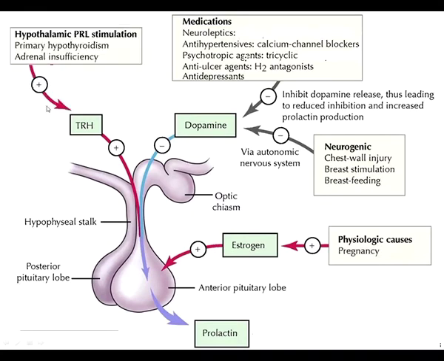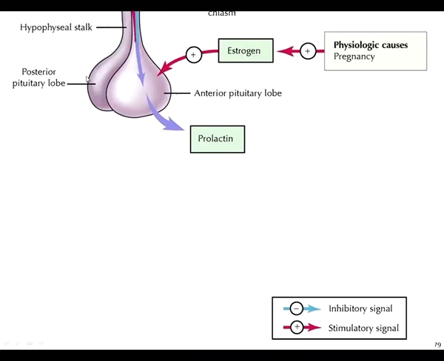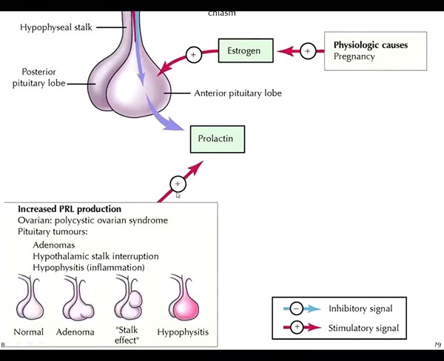Another effect which will potentiate the TRH, which in turn will secrete more prolactin, is the hypothalamic prolactin stimulation through primary hypothyroidism or adrenal insufficiency. The rest of this figure shows that there are other factors which potentiate prolactin, like some of the syndromes, like polycystic ovarian syndrome or pituitary tumors.